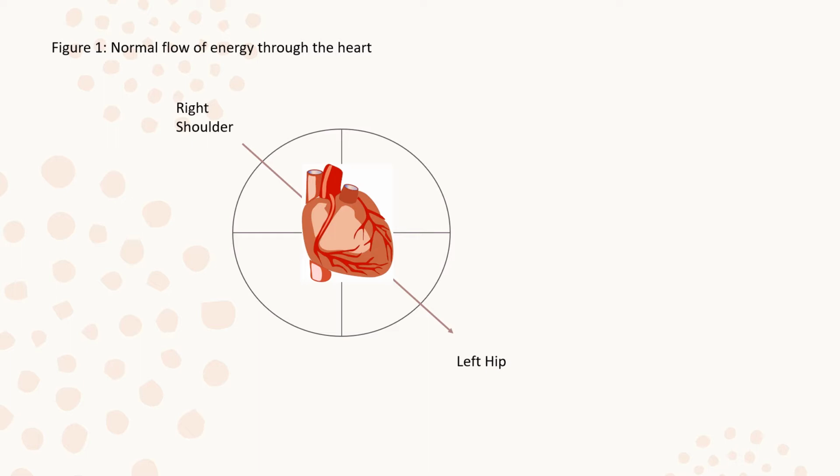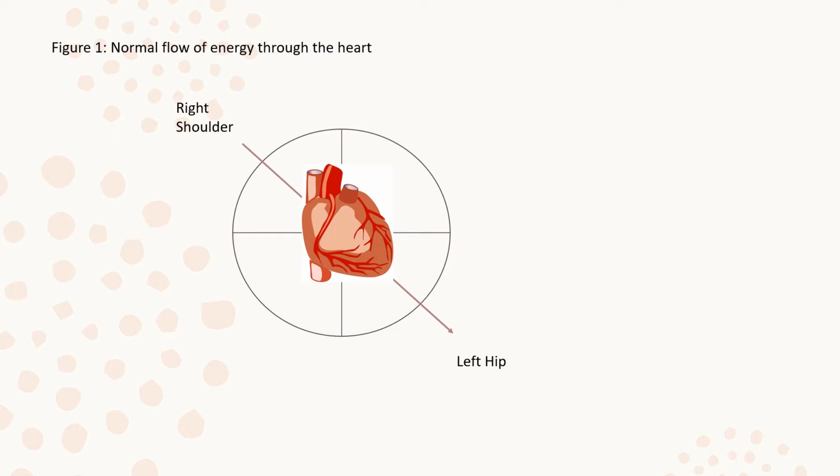And if we put the heart right here in the center of this circle, and we're looking at the patient here, okay? So think of it, or lay yourself in this picture if you need to. This is the right shoulder, this is the left hip. So everybody understands that we're looking at the patient's view here. And so energy normally flows in this direction.